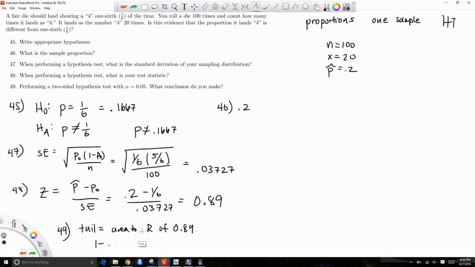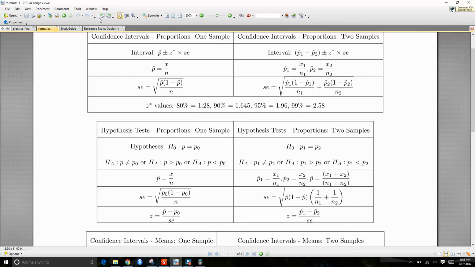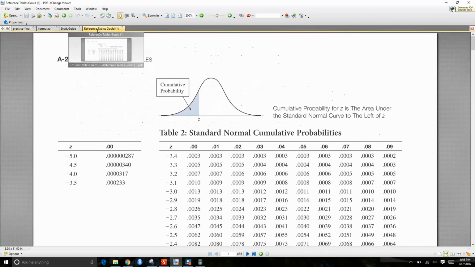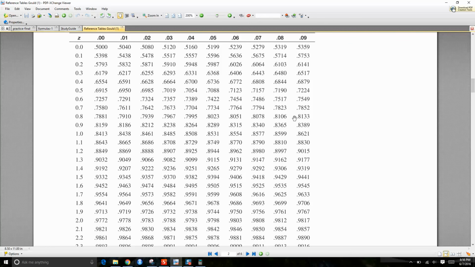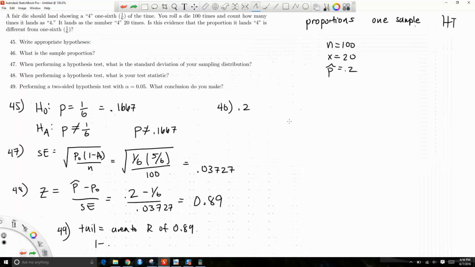What am I doing? I look up 0.89 and I get 0.8133. So 1 minus 0.8133 is 0.1867. And then my p-value is going to be 2 times that. So 2 times 0.1867 is 0.3734. Okay? So this is bigger than 5%. So do not reject the null hypothesis.